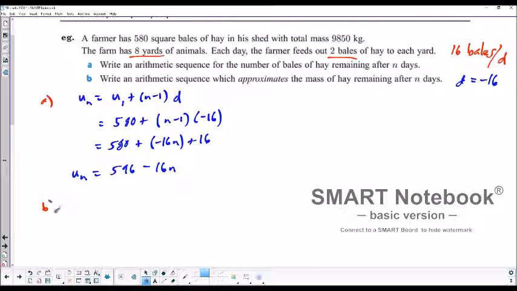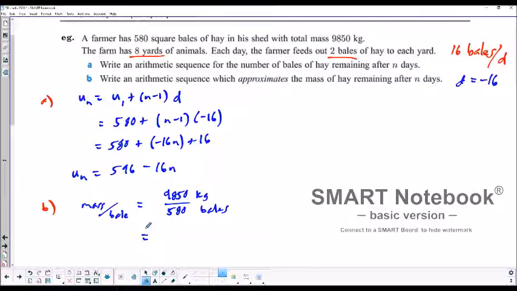So for B, we want to know the arithmetic sequence for the approximate mass of hay remaining after n days. So if we know that there's 580 square bales of the total mass, if we calculate the mass per bale, that's going to be 9,850 kilograms divided by 580 bales.